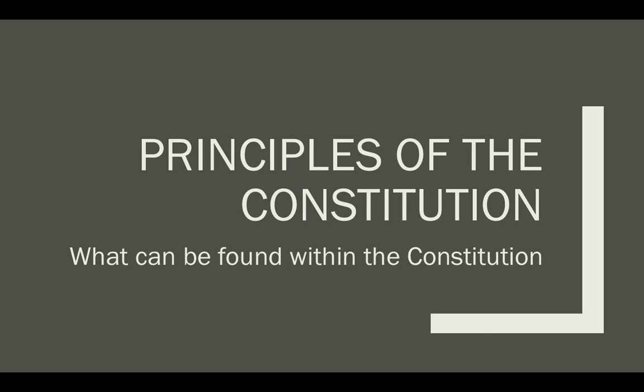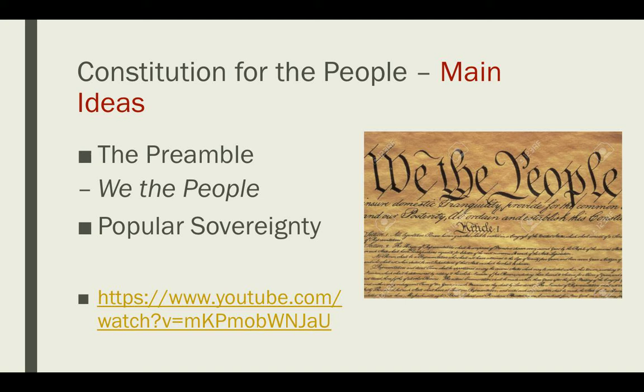Now, within the Constitution, you can find that there are principles or main ideas that are stressed. First and foremost comes in the preamble. Preamble is just a fancy word for introduction. Now, you have seen this a million times over, the big "We the People."